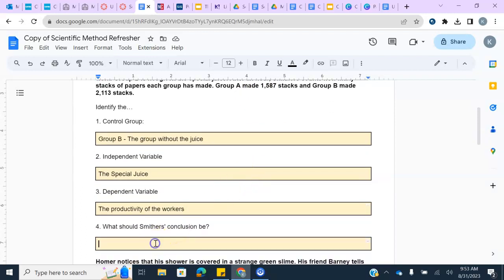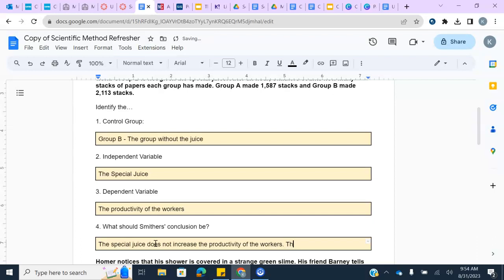So we would say our conclusion is the special juice does not increase the productivity of the workers. And typically you would want to defend this using your results, right?